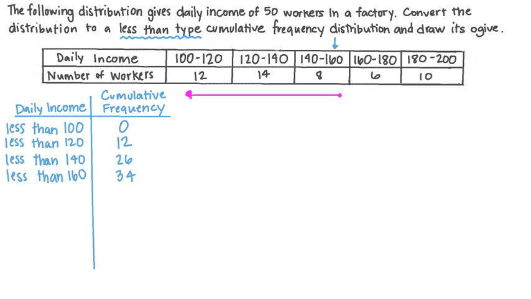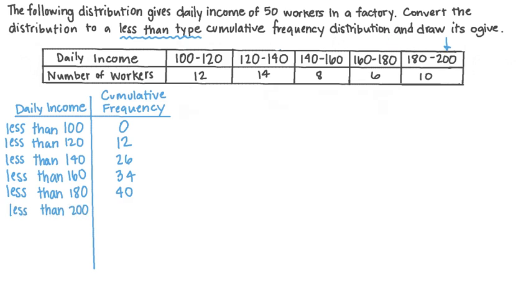The cumulative frequency, the number of people who earned less than 160, is 34. Moving on, we want to know how many people earned less than 180. That would be 12 plus 14 plus 8 plus 6. 40 people earned less than 180.